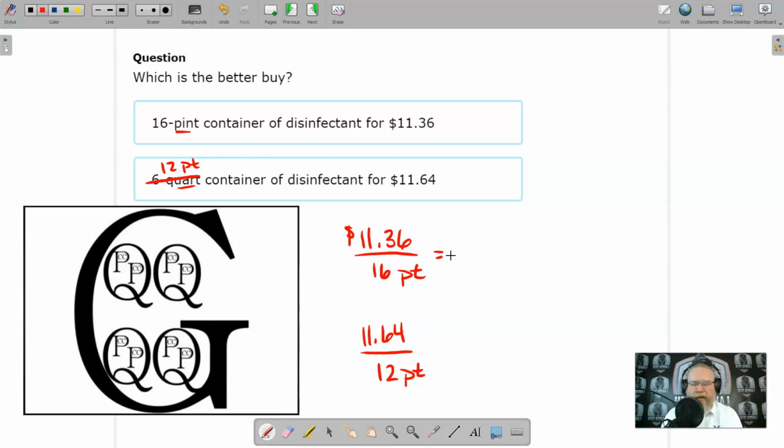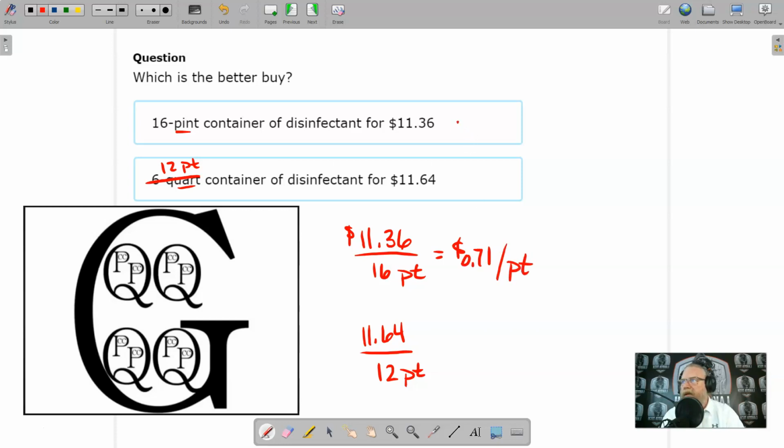11.36, and we're going to divide that by 16. And that is going to give us a cost of 0.71, or 71 cents, for a pint.